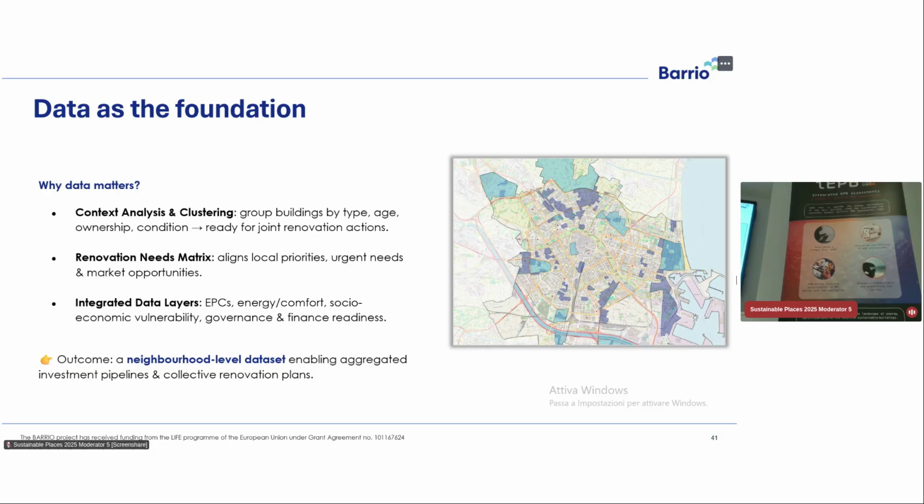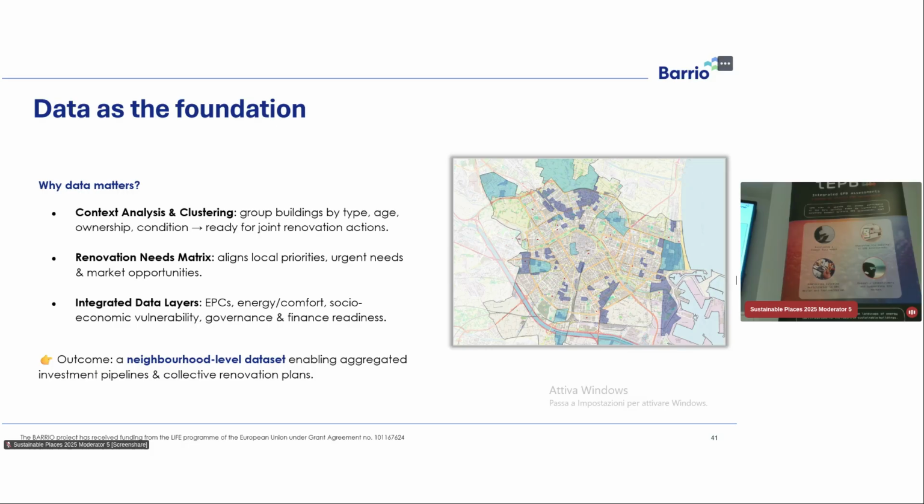Humans are at the center of the process. Here we are aligning our local priorities, we are listening to our communities, and we are going to align our local priorities to urgent needs and market opportunities, because we have not only to achieve the targets, but we have to align the policy targets with the needs of our communities.